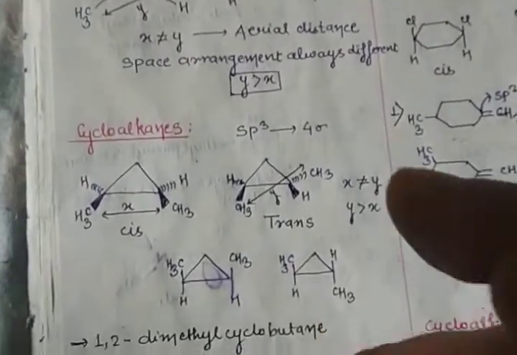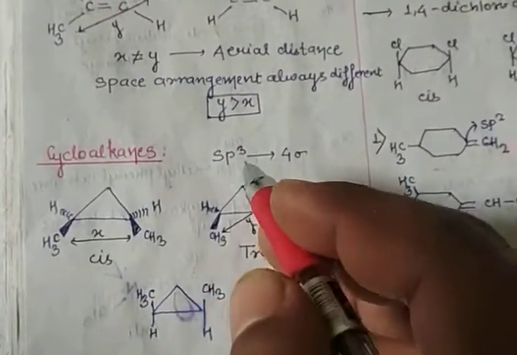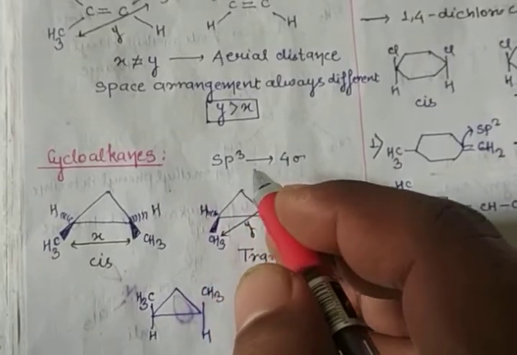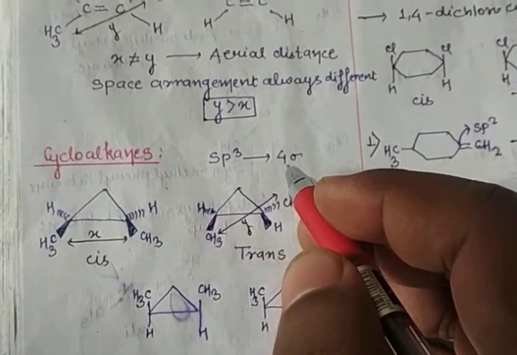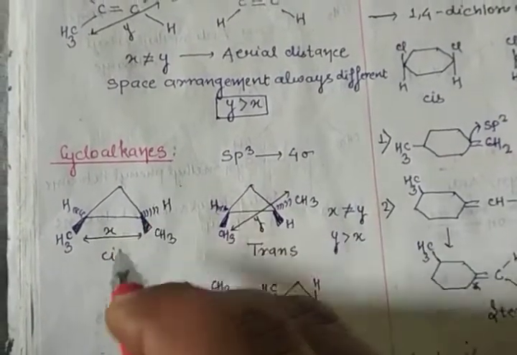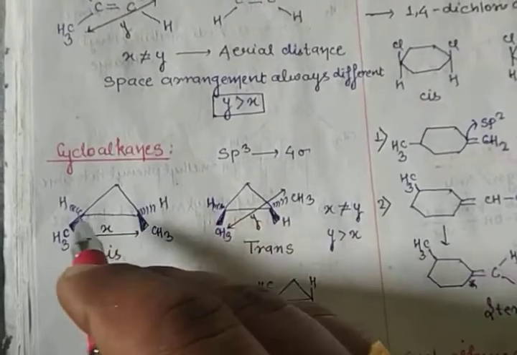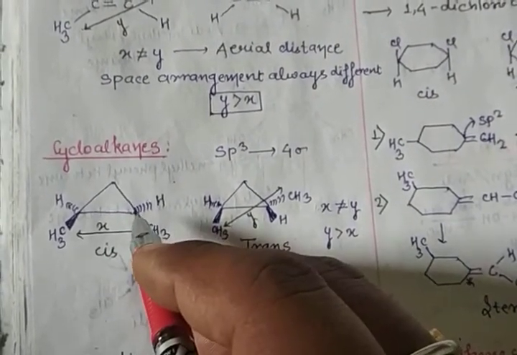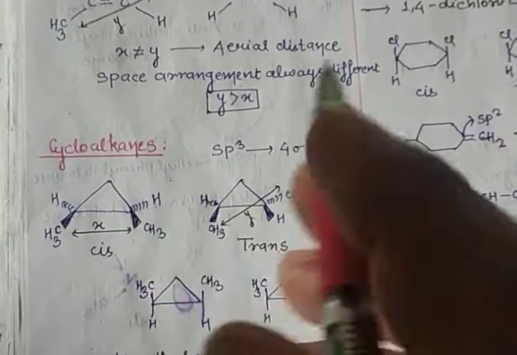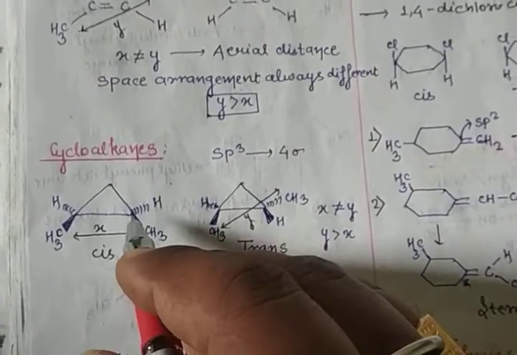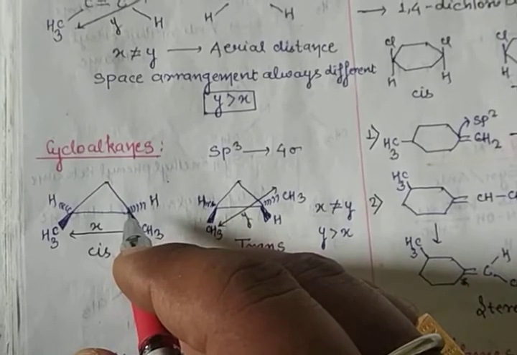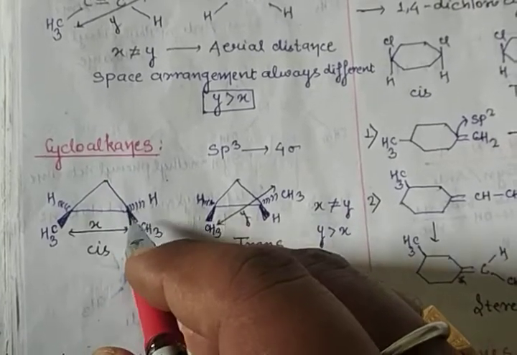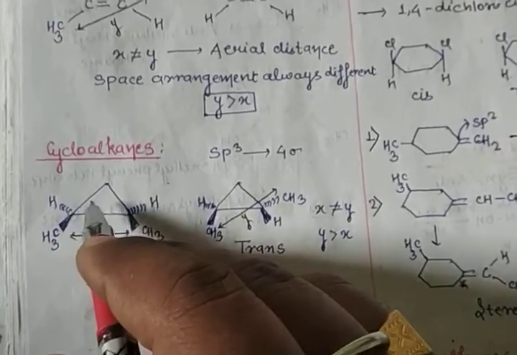The first example is cycloalkane. In cycloalkane, the carbon has sp3 hybridization because 4 sigma bonds are there. This is a cyclopropane with a CH3 substituent, and this carbon contains one hydrogen and one CH3. This carbon has sp3 hybridization, 4 sigma bonds: 1, 2, 3, 4.